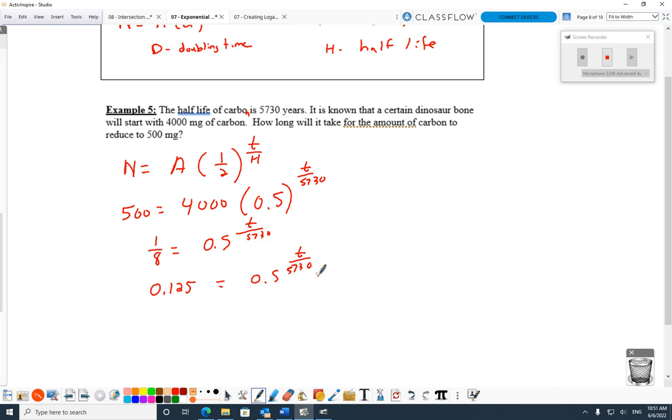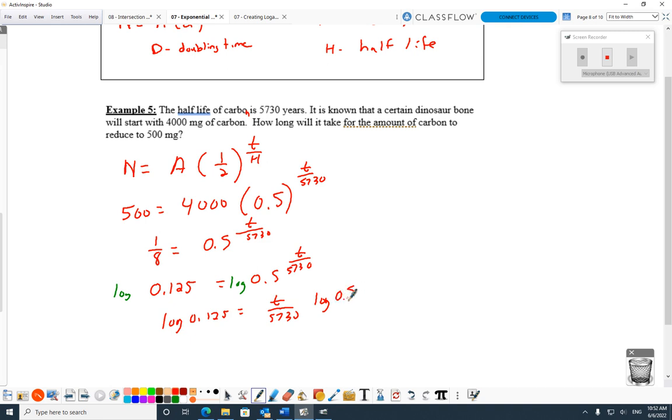And now I do that move. Log both sides. Because logging both sides allows that exponent to come down as a multiplier.